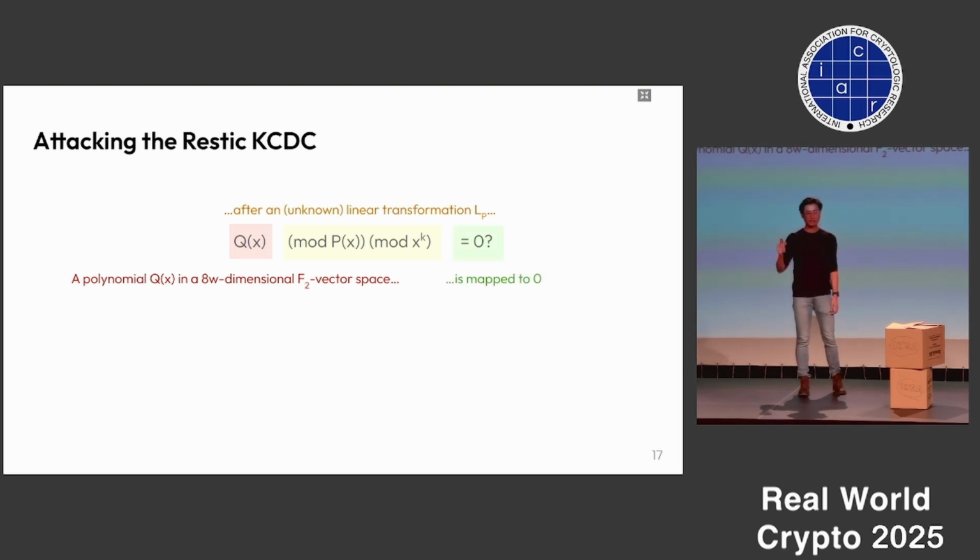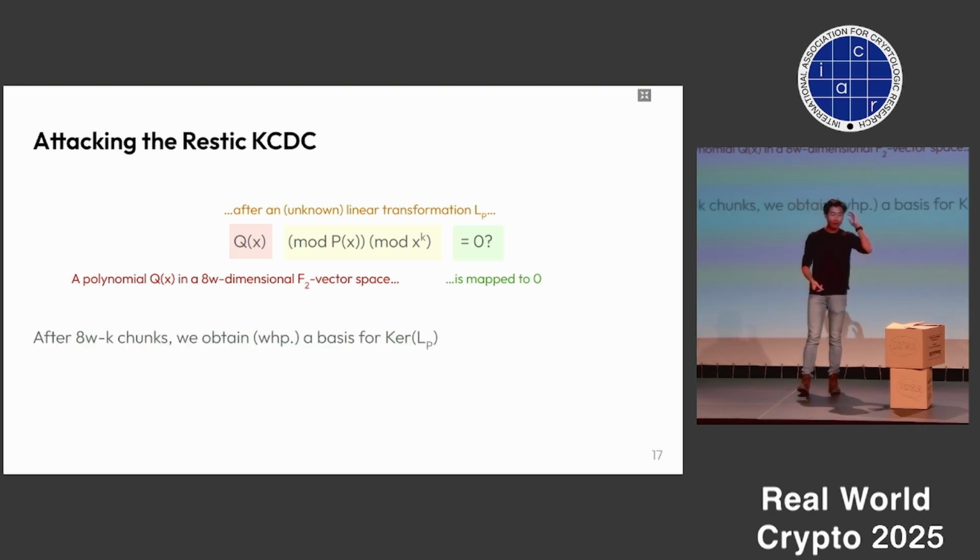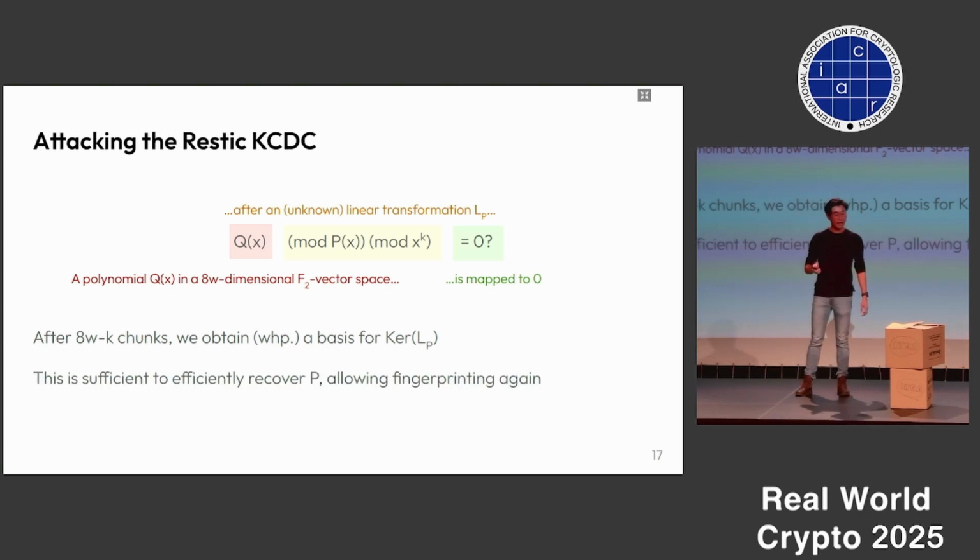Okay, but then that means that every chunk that we see gives us a polynomial which lies in the kernel of this transformation. So after enough chunks, we can recover, with decent probability, a basis for the kernel of this transformation. Now, you have to trust me here that this is actually sufficient to recover the polynomial P. After you recover the polynomial P, then you know all the secrets that have been used for chunking. So now you can do fingerprinting again.